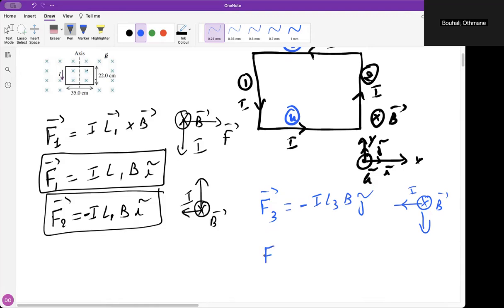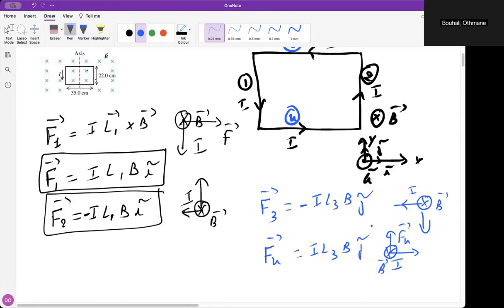And then F4 will be the same thing. For F4, the current is going to the right and the magnetic field is into the page, and this means that the force will be upward. So F4 will be I L3 B j.